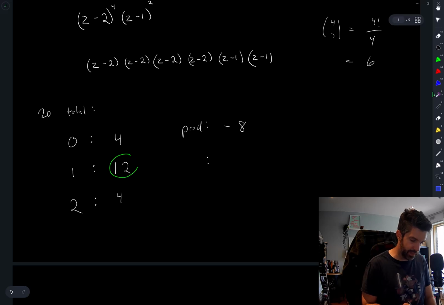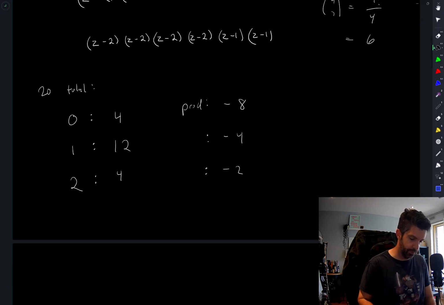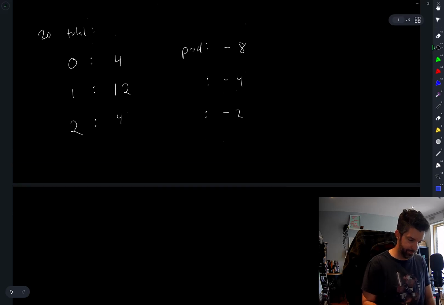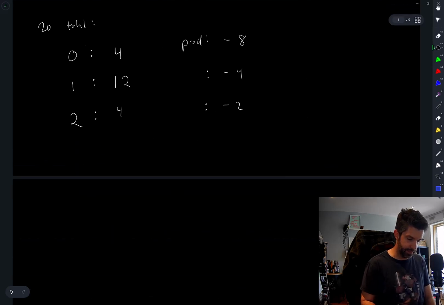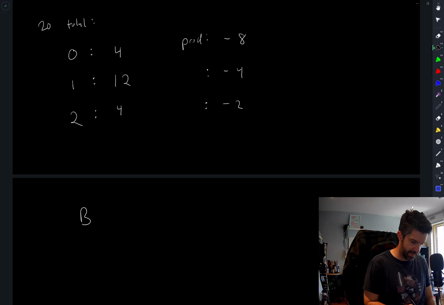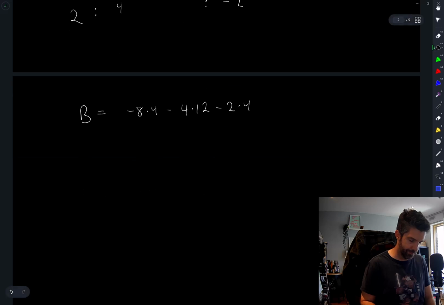If we have exactly one of them, the product is -4. And if we have both of them, the product is -2. So the answer, I think, b is equal to -8 times 4 minus 4 times 12 minus 2 times 4.